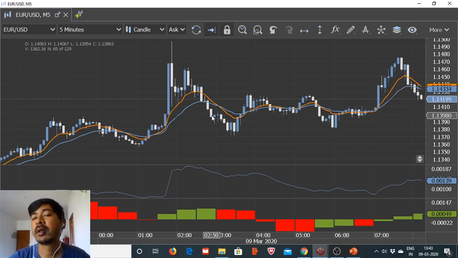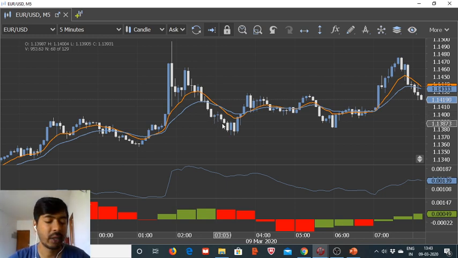But since the rest of the conditions are still valid, that is EMA 10 is still above EMA 20, and the minimum difference and the AC2 condition for shift 1 are still valid, the next trade will be executed, and again the next stop loss will be placed 15 pips below, and if there is too much of a price move on the downside, again the stop loss will get triggered.